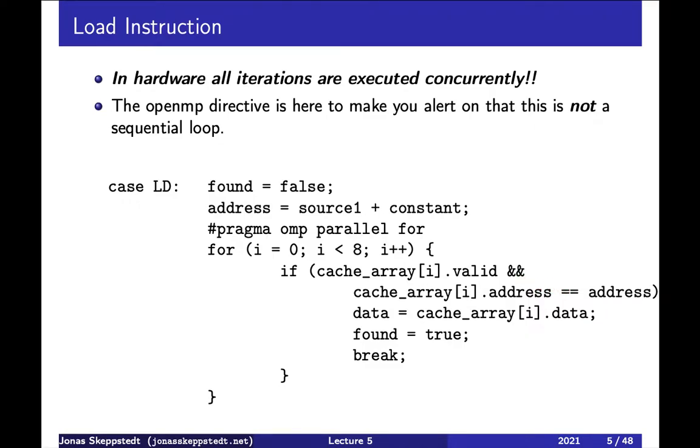So okay, if we don't find the data, then we have to read it from memory, and when we read it from memory, we typically have to throw away something else that is already there.